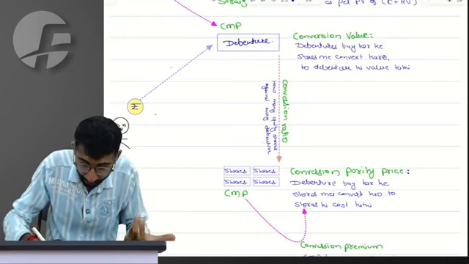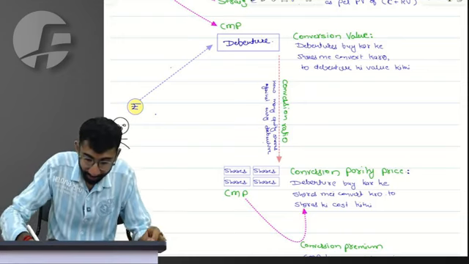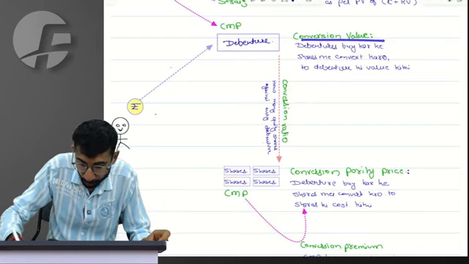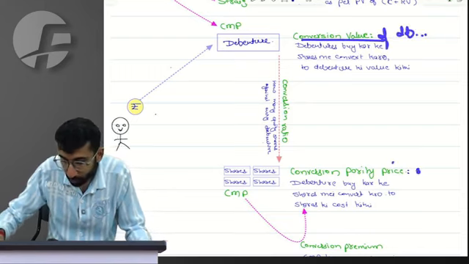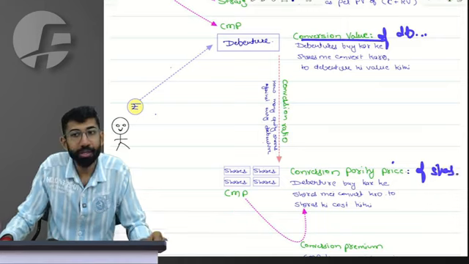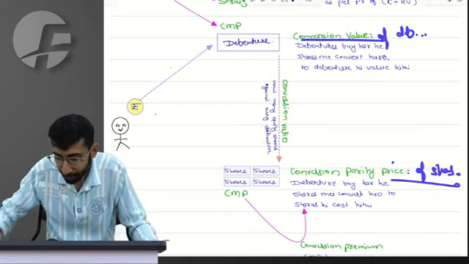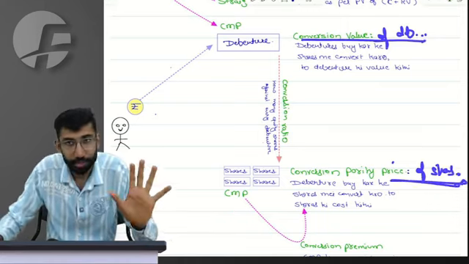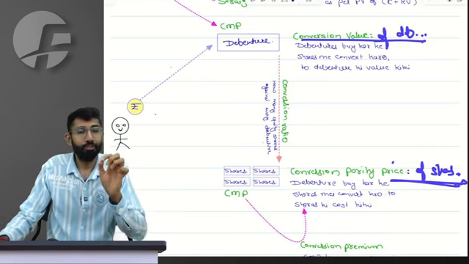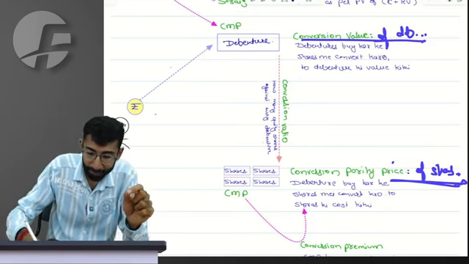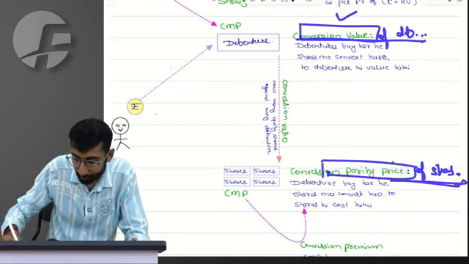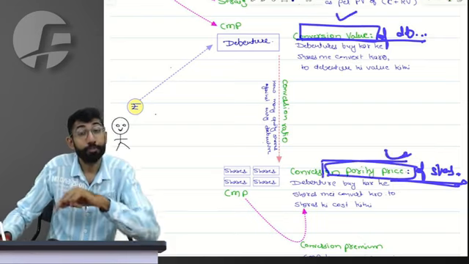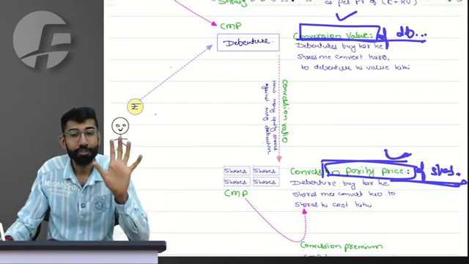So the examiner might give you conversion value of debenture and it might give you conversion price of shares. Generally it will clearly specify whether it is talking of debenture or of shares. However, if it does not specify, please remember the word value relates to debenture and the word price relates to shares, particularly in this kind of question.